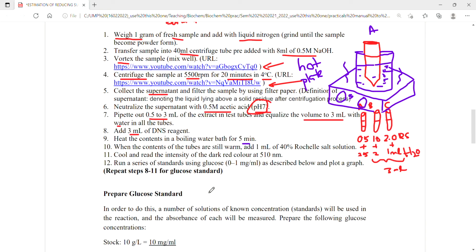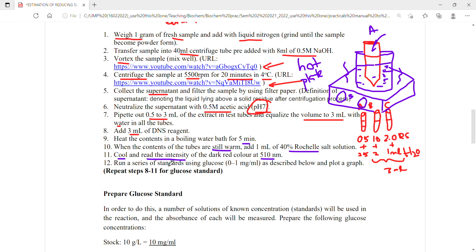Once it is heated for 5 minutes, and when it's still warm, add the Rochelle salt. Take out the test tubes, cool it. Find out how to cool very fast. It has to be at room temperature for you to read the intensity at 510.